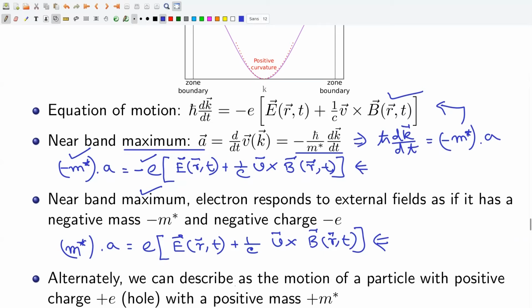However, we are describing the motion of a particle with positive charge, or hole, with a positive mass m star.